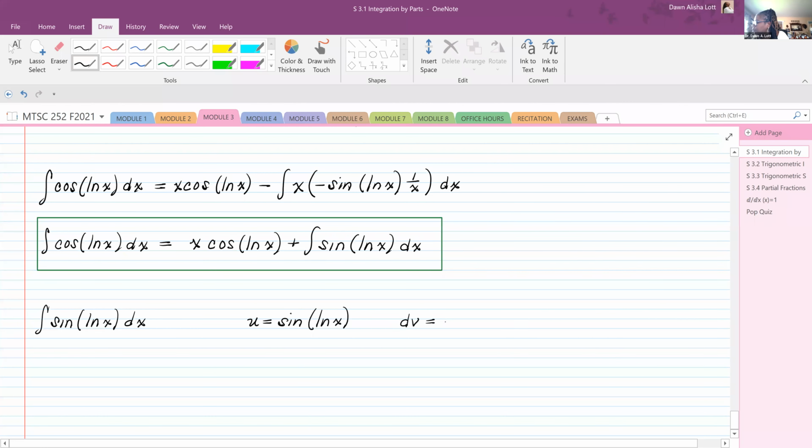Okay, now I need you to find du and I need you to find v. So I'm actually going to give you a few seconds to finish this integral and get the next block. So I want a block for the integral of the sine of the log of x. So I'll give you a minute.